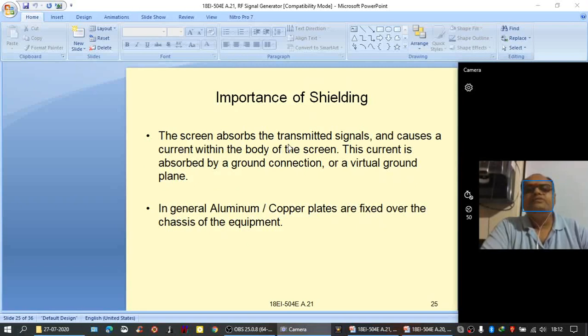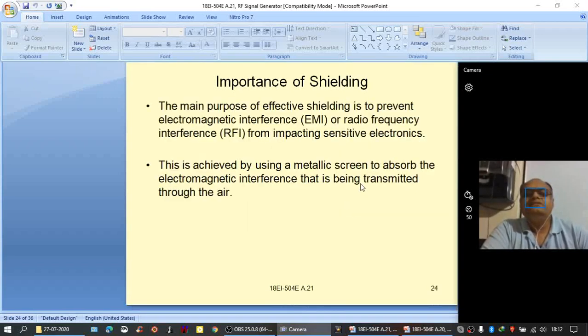The screen absorbs the transmitted signals and causes a current within the body of the screen, and this current is absorbed by the ground connection or virtual ground plane. So this is how the effect of all external interference, either electromagnetic interference or radio frequency interference, is nullified. How?